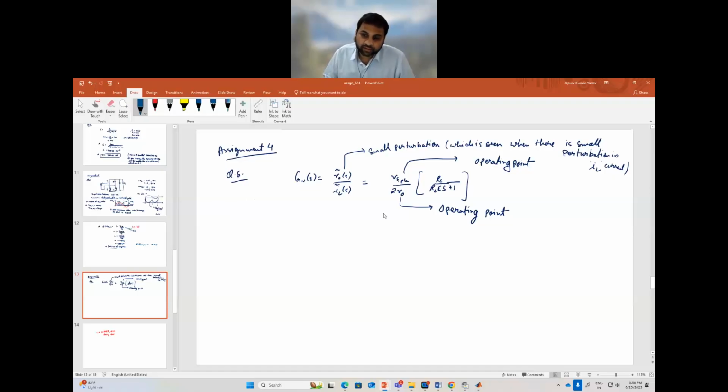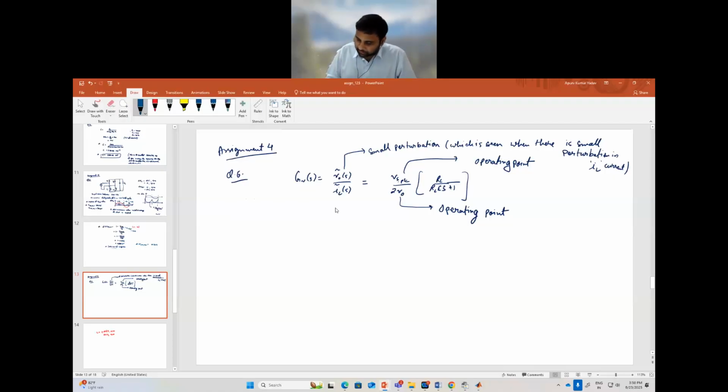Then after that we have done the perturbation, and then we have linearized it by considering some approximations. And then we have converted that into the s domain. So why is there so much procedure one has to do while deriving GI of s, while for deriving GV of s the procedure is not the same way?